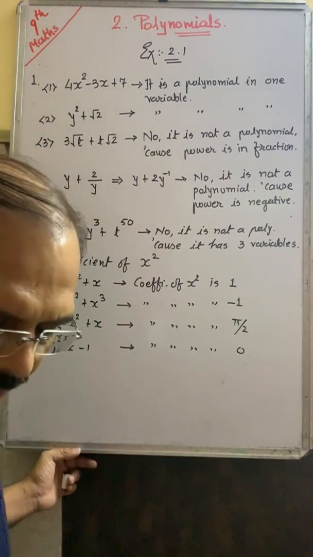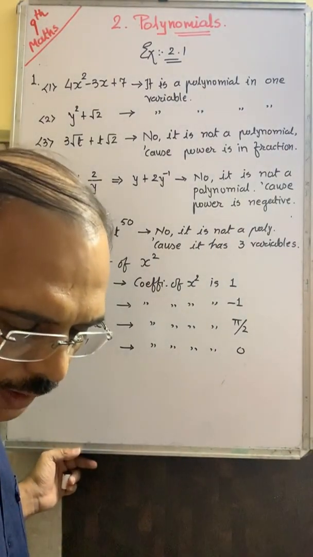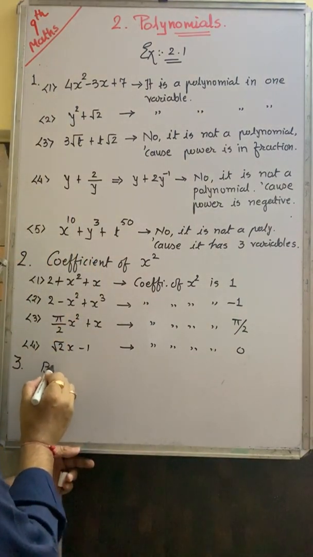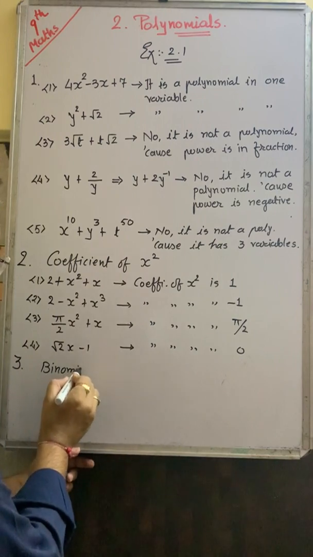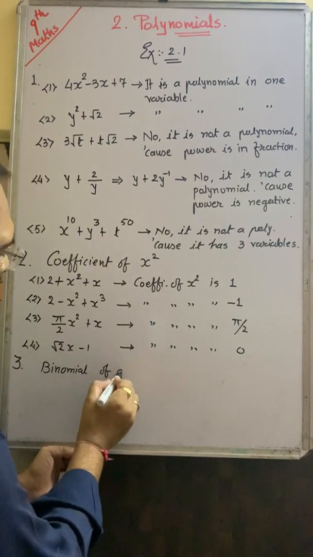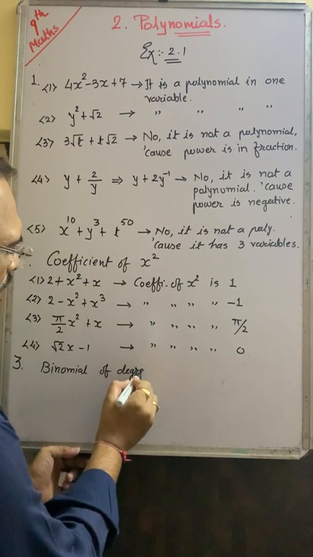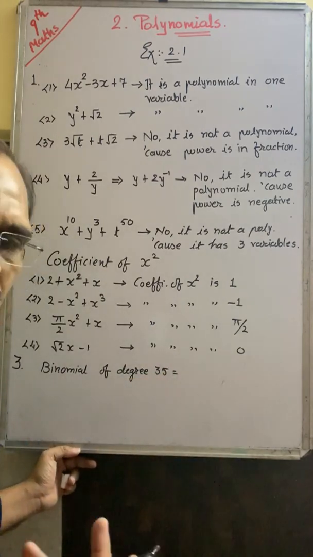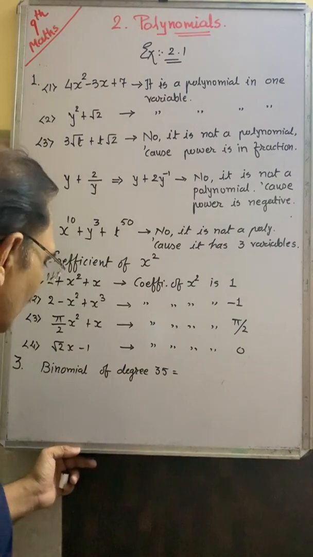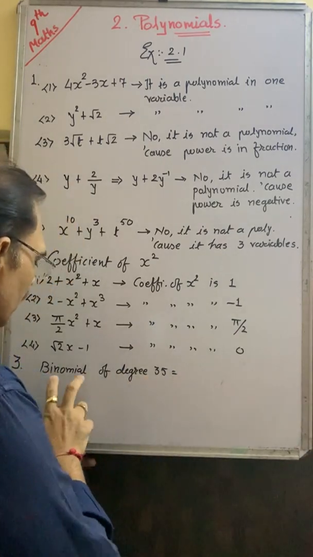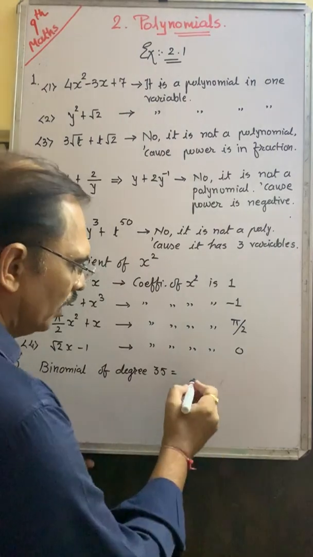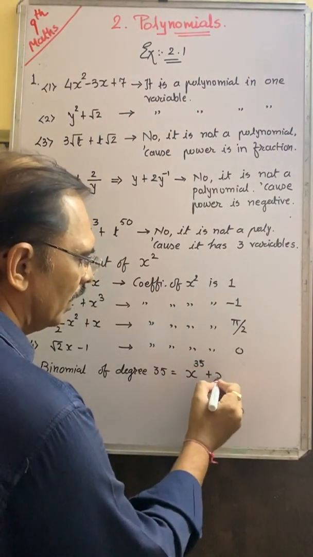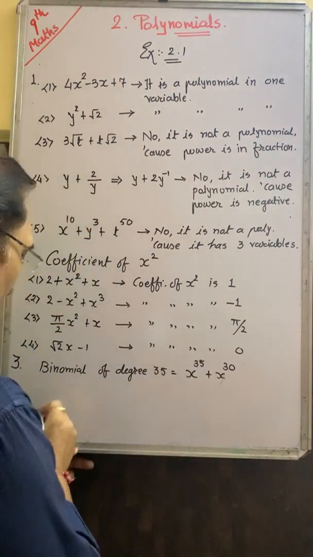Question number 3. Give one example each of a binomial of degree 35. One example of binomial polynomial of degree 35. You can write any, because infinite answers are there. Having degree 35, but write only 2 terms, so I write x raised to 35 plus something minus x raised to 30.